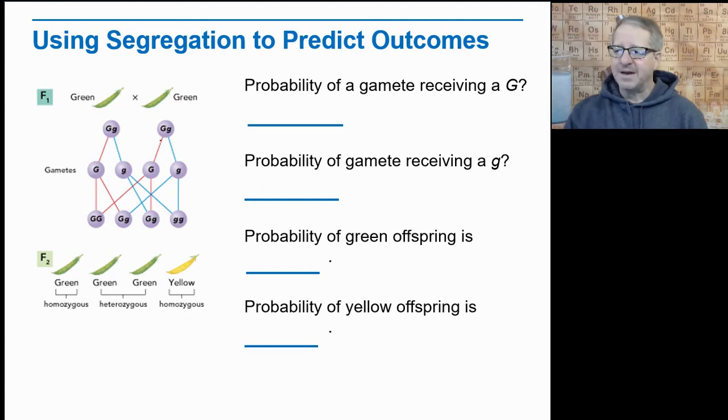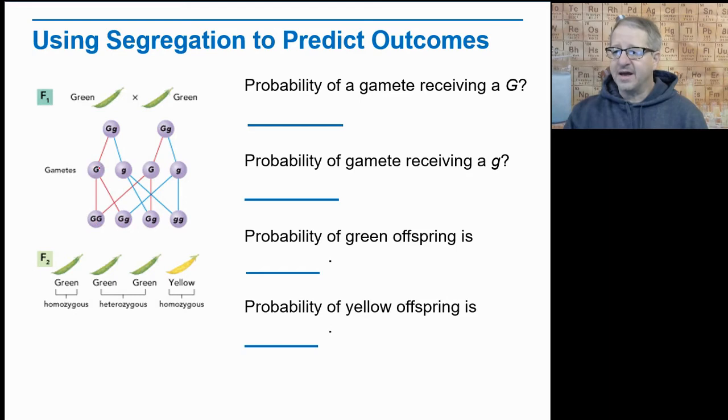If we separate their alleles into the gametes, we get a big G, a little g, another big G, and another little g. Now we're going to cross them to see what kind of different combinations we might come up with if these 2 parents have offspring.